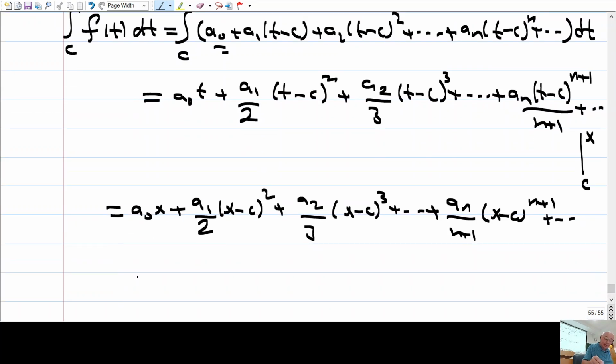And then you plug t equals c. So this is t equals x, t equals c. When I plug t equals c, I get a0 c, and then when I plug t equals c in the other terms, I get 0.